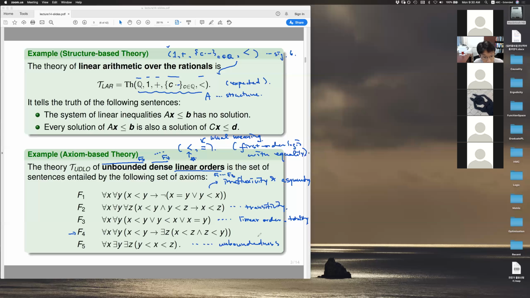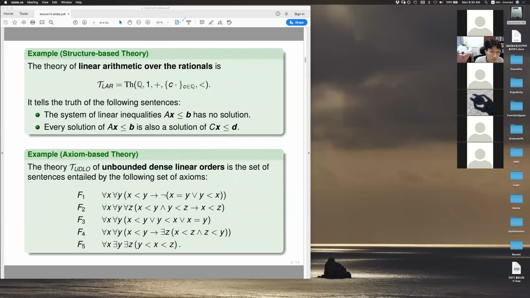So this is called the theory of unbounded dense linear order, and it appears quite often in mathematics and also in computer science, in automated theorem proving. Okay, so these are the two examples: the theory of linear arithmetic over the rationals, and the theory of unbounded dense linear order. We're going to use TLAR for the first, TUDLO for the second.